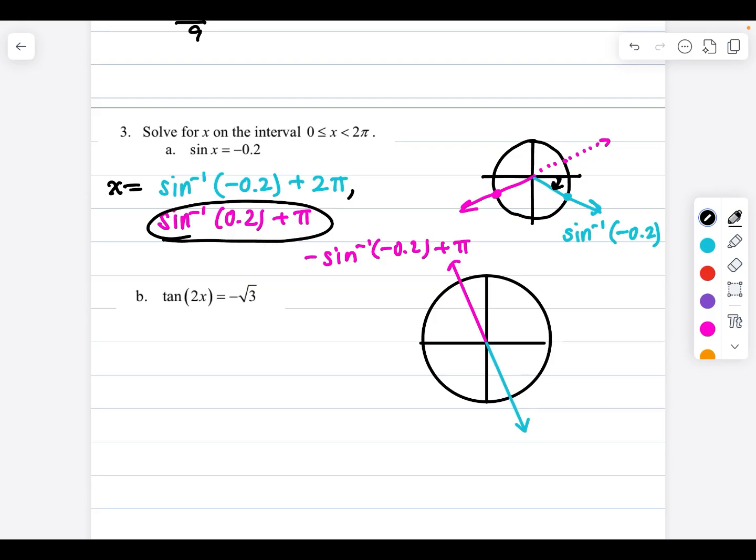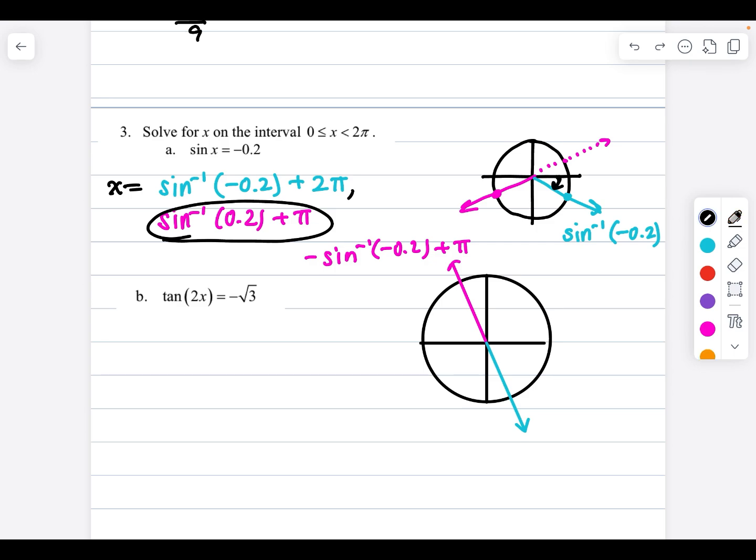Okay, so between 0 and 2 pi, I see two angles. So I think there's two solutions between 0 and 2 pi. There would be, but see, it says tangent of 2x. So I know I'm going to have double the amount that I thought originally. I'm going to actually have 4 solutions.